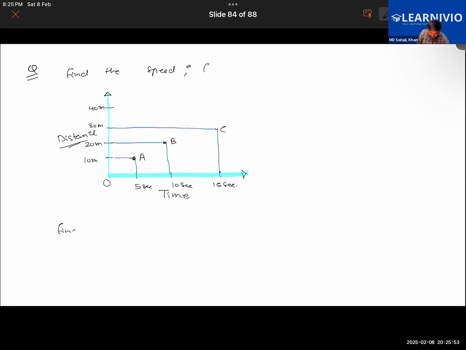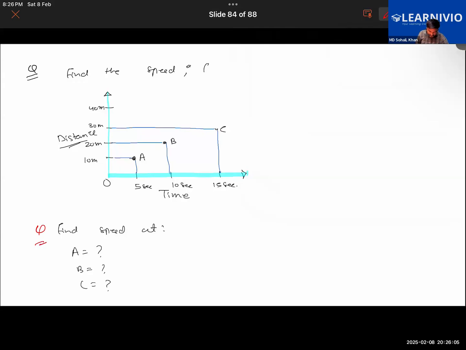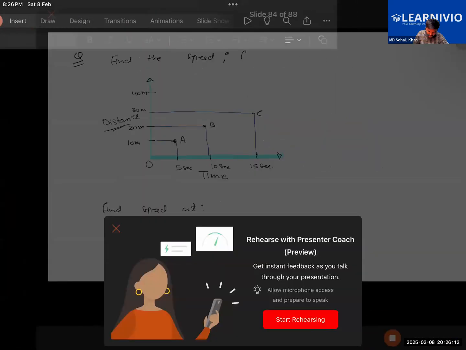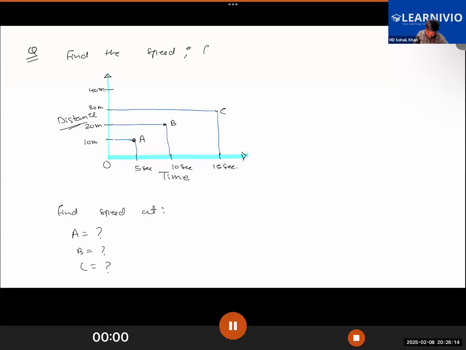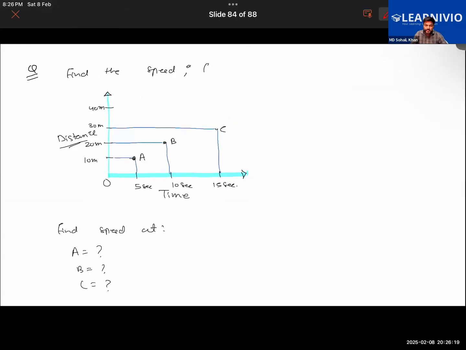So we need to find the speed at A, the speed at B, and the speed at C. Fatima, you have got your answer or not? Not yet, sir.